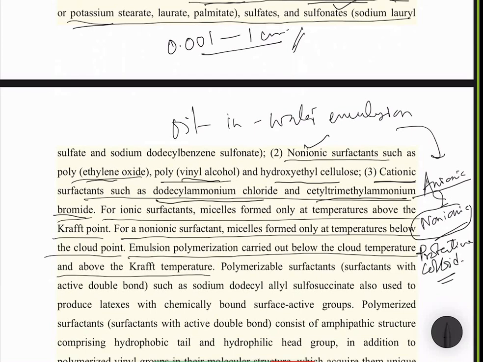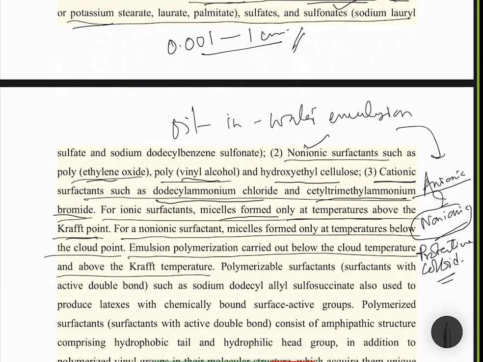So that way we need a combination of these anionic and non-ionic surfactants for a perfect oil in water emulsion polymerization. For ionic surfactants, micelles form only at temperatures above the Kraft point. Now this Kraft point is the temperature above which the micelle is formed from the surfactants. So these ionic surfactants, specifically anionic surfactants, form the micelle above the Kraft temperature.